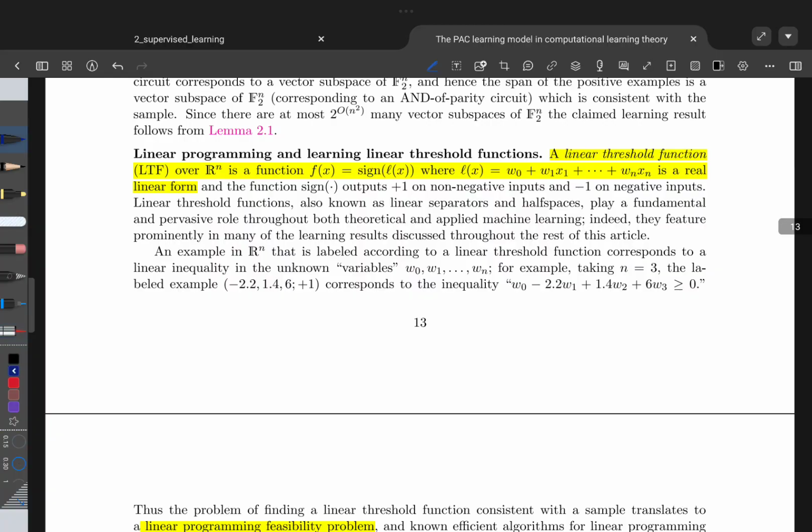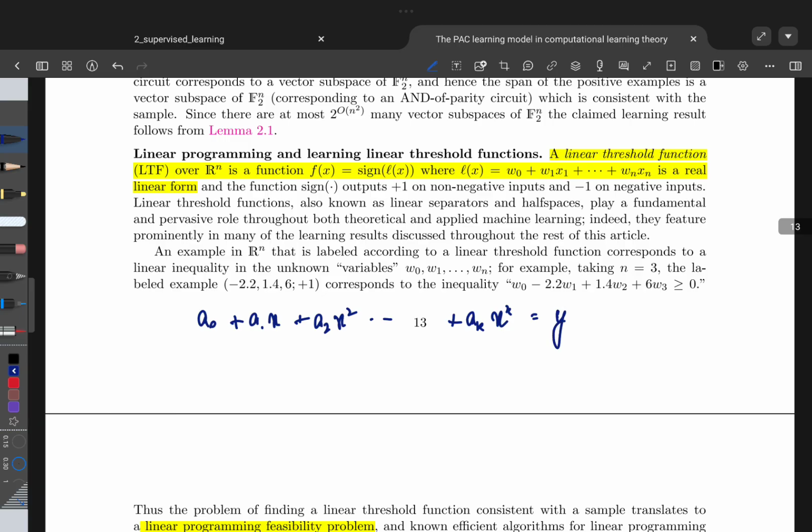So if you take any set of polynomial equations, say a0 plus a1 x plus a2 x square and so on, plus ak x to the k equal to y.